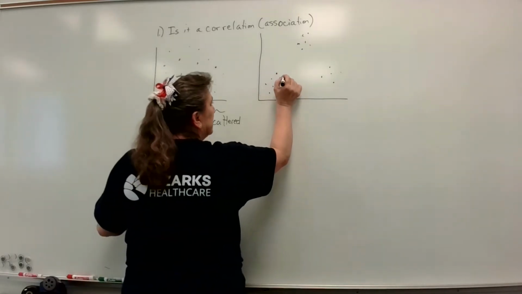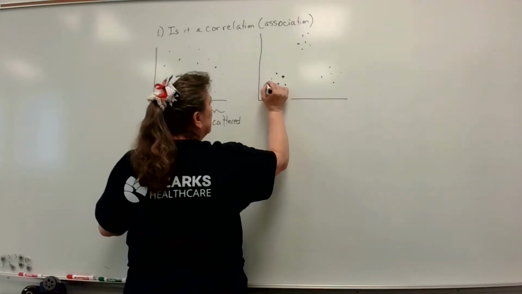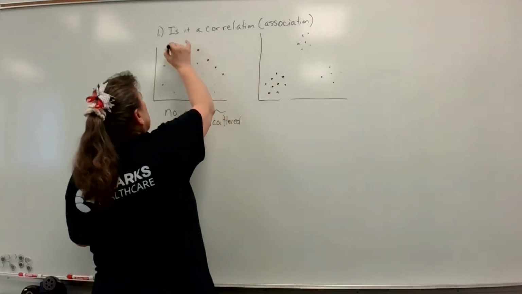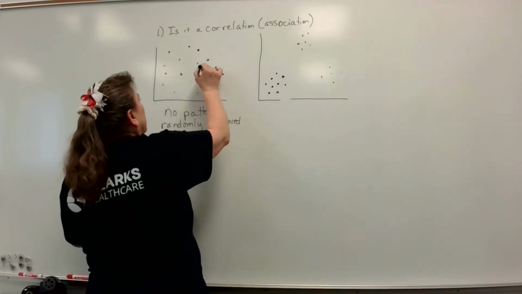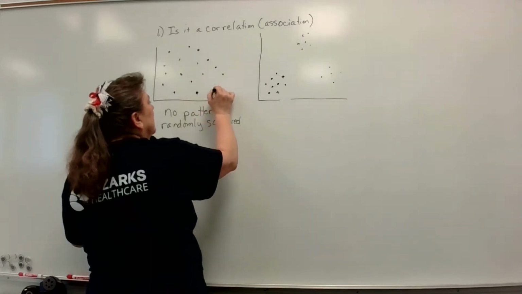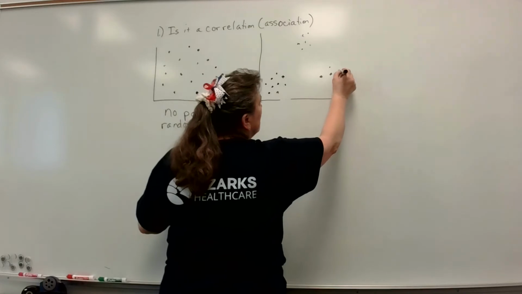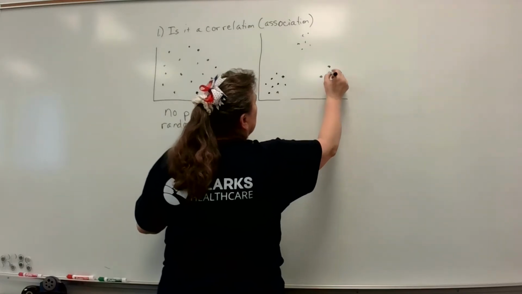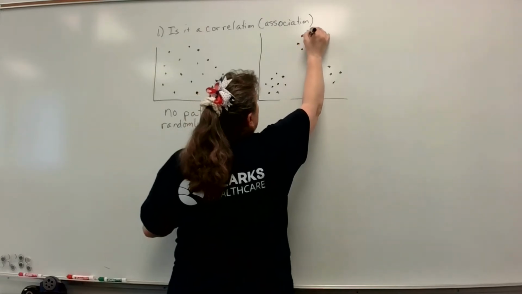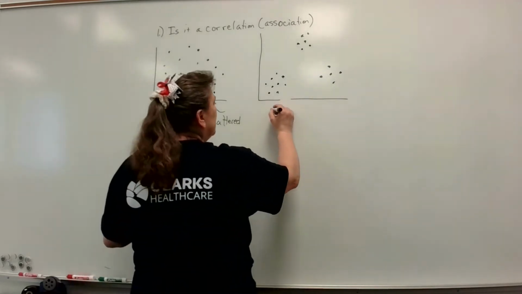I'm going to have to make my dots a little bigger so you can see them, because they're not showing up too well. Okay, we'll make them a little bit larger here. So again, this one is no correlation as well, because there's no consistent pattern to this thing, other than they kind of are grouped together. But again, this is no correlation.